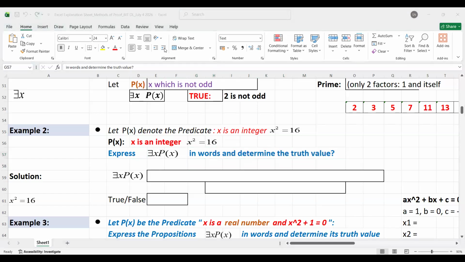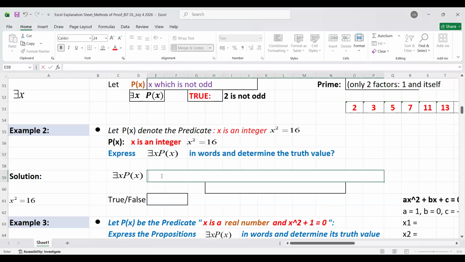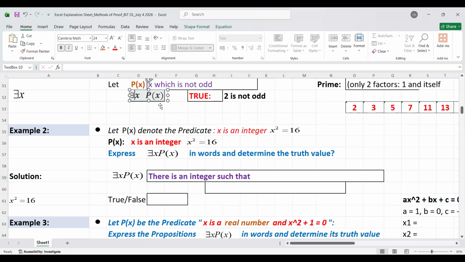Yes, please. There is an integer x. So there is an integer. You can say such that, or you can say which satisfies the equation x squared is equal to 16.